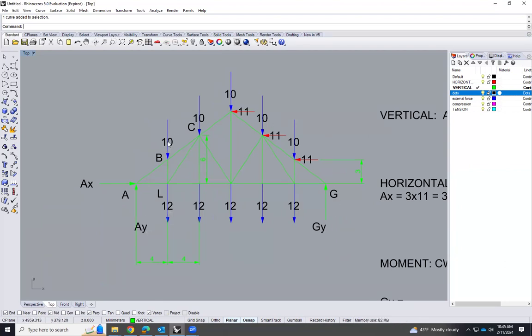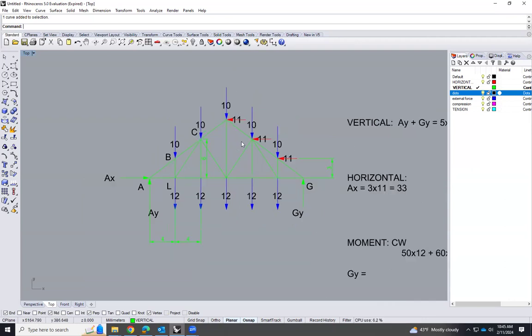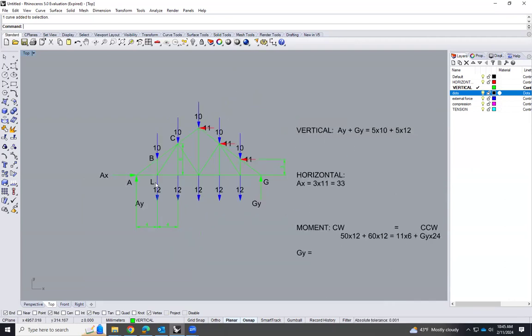And what goes down, all these forces go down. So it's 1, 2, 3, 4, 5 forces times 10. That's why here we have 5 times 10. And here we have 1, 2, 3, 4, 5 times 12. So this is what goes down, the vertical equilibrium equation.